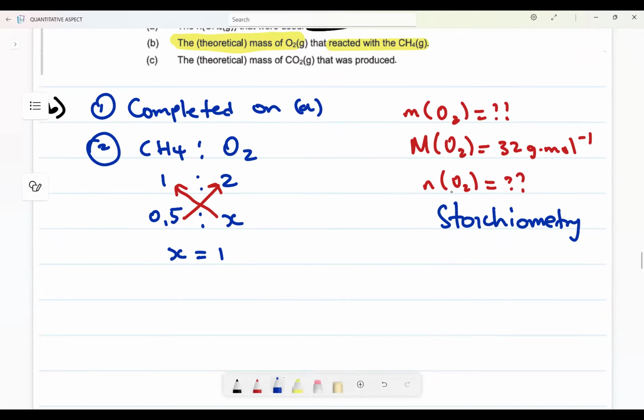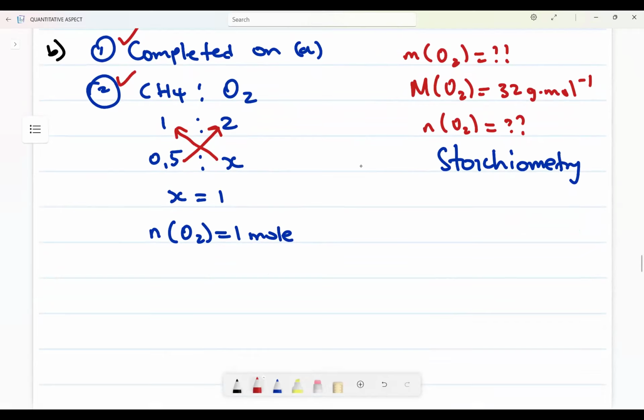It is the number of moles of O2, which is 1 mole. Then I'm done with step 2. Step 1 completed. Okay, step 2, nice. It's even nicer that they started with A, so that they guide you.